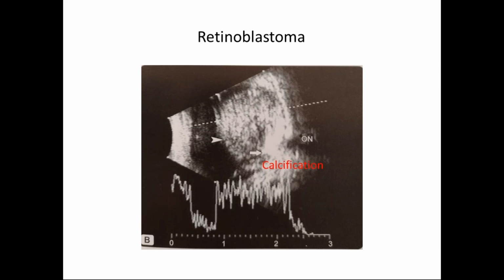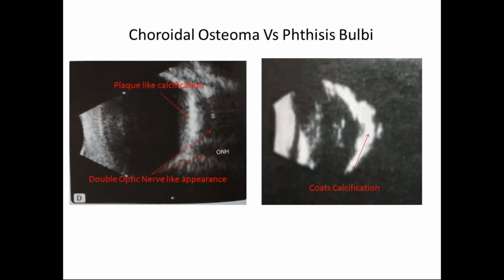Sometimes choroidal osteoma and phthisis bulbi look the same. In both cases there is a plaque-like calcification. But in phthisis bulbi, there is a disfigured eye and hypotonia is there. In choroidal osteoma, there is plaque-like calcification, and it generally happens in females in the second and third decade.